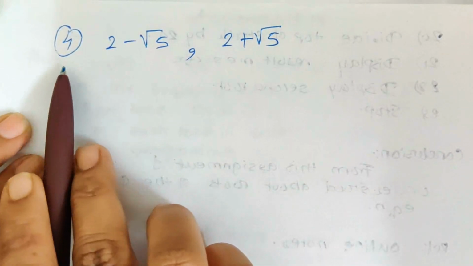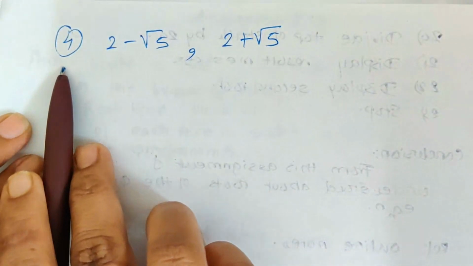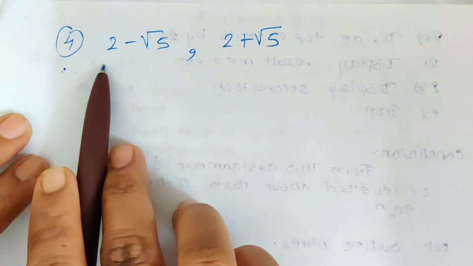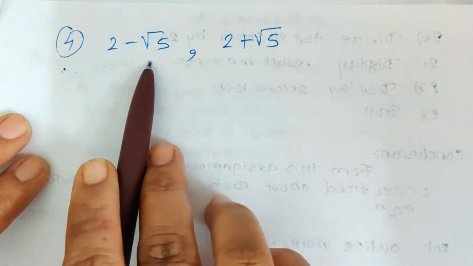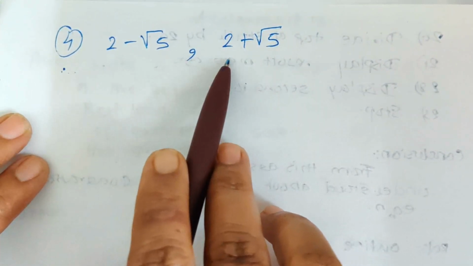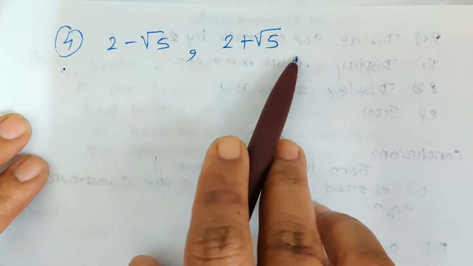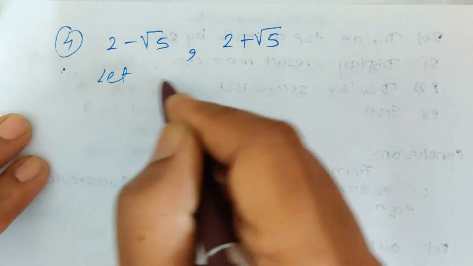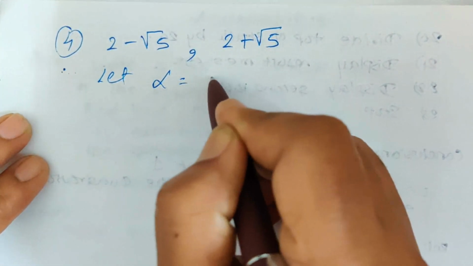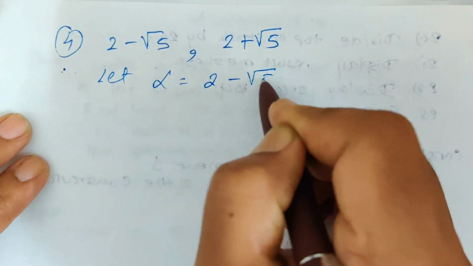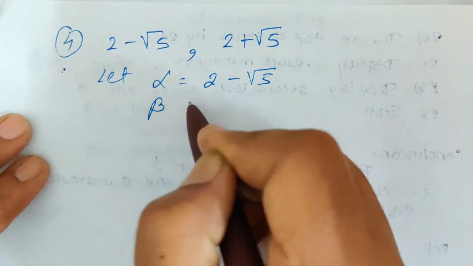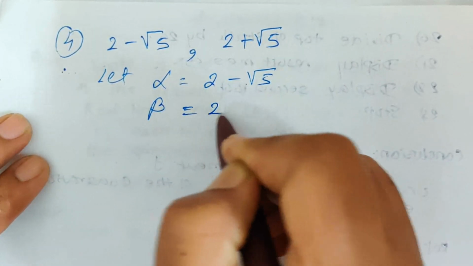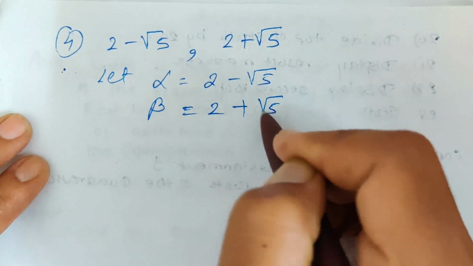So let us see example number 4 now. In example number 4, the roots given are 2 minus root 5 and 2 plus root 5. So let alpha be equal to 2 minus root 5 and beta be equal to 2 plus root 5.